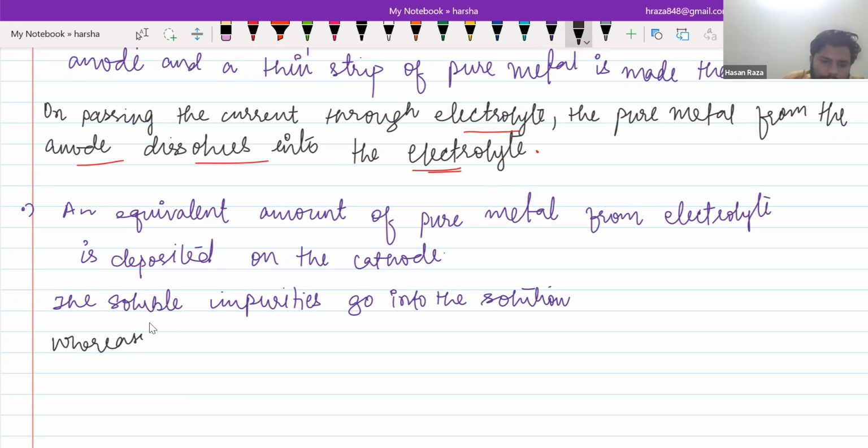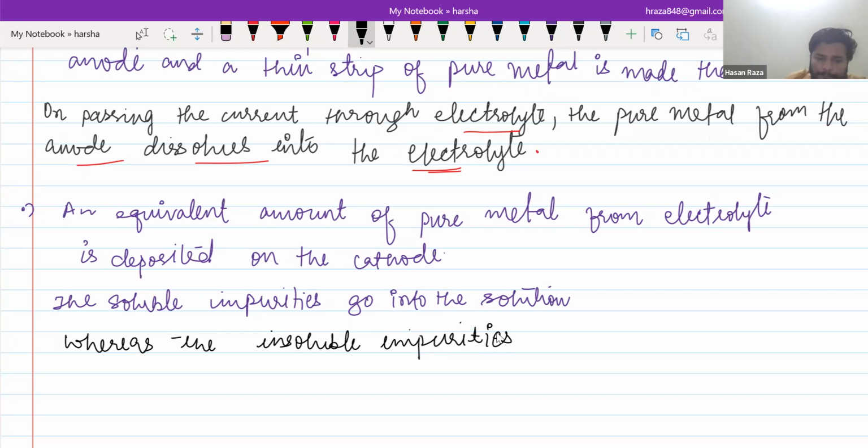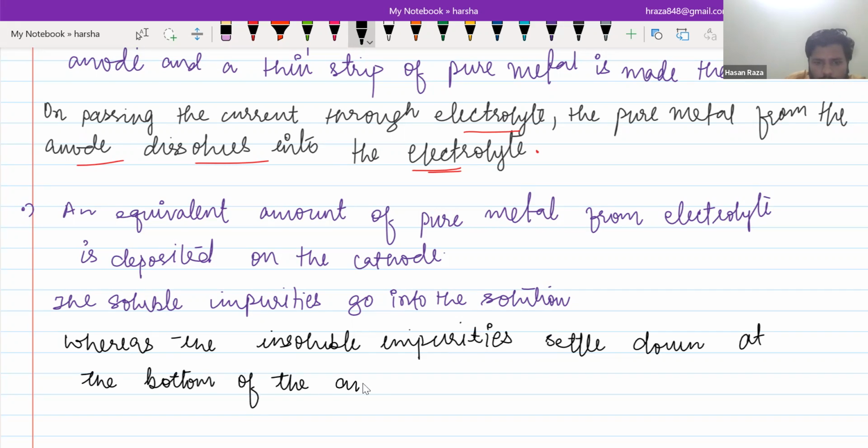whereas the insoluble impurities settle down at the bottom of the anode and are known as anode mud.